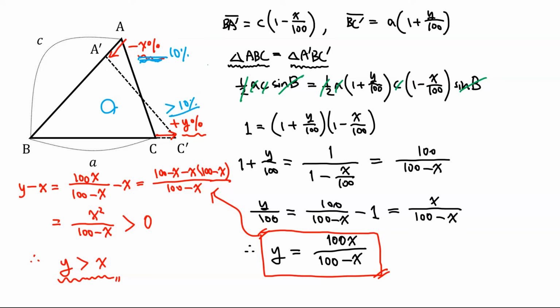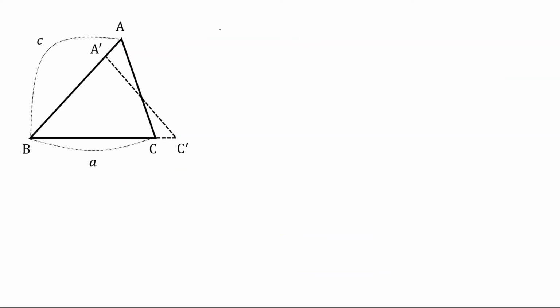But what happens when it is increased only by 10%? Right, so let us take a look at the general case here. Here, the length AB is decreased by X%, and the length BC is increased by the same percentage, X percent instead of Y percent.